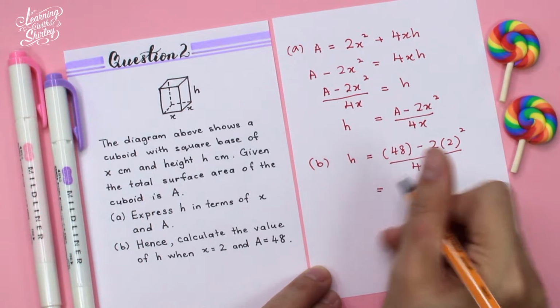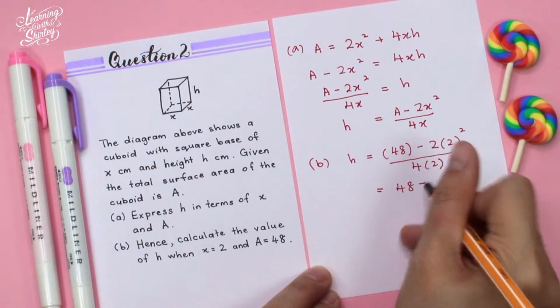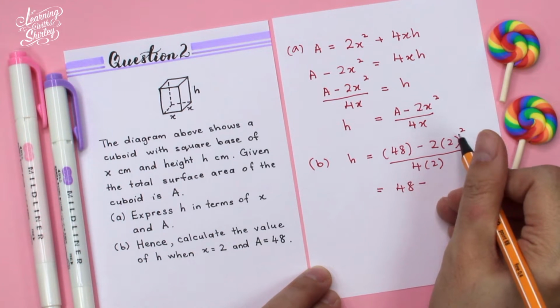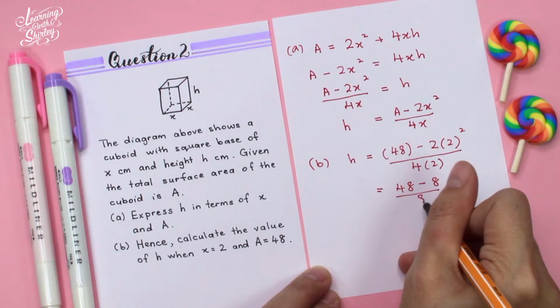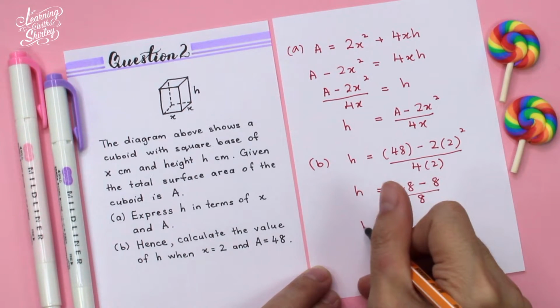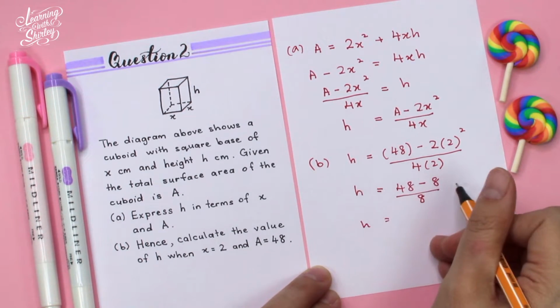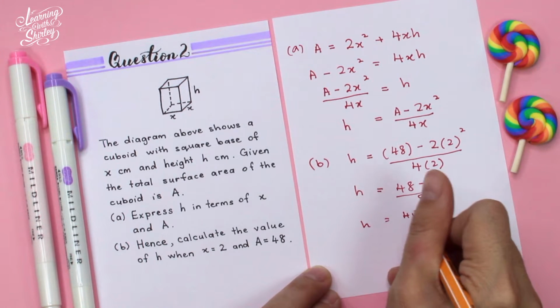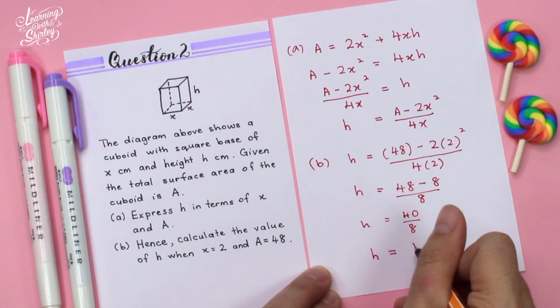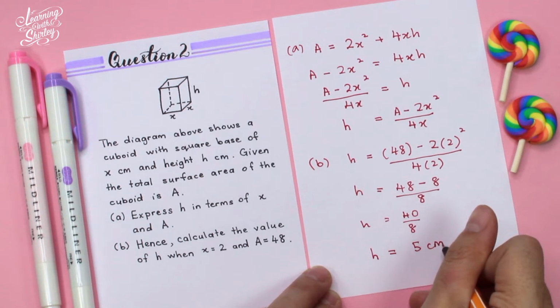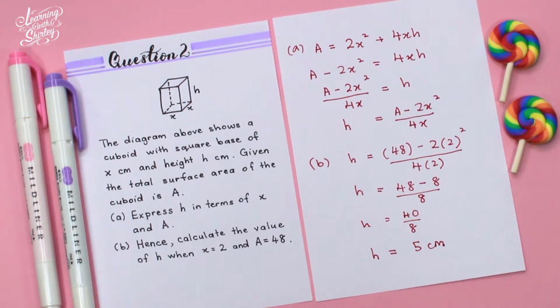So 48 minus, 2 squared is 4, 4 times 2 is 8, and over 4 times 2 is 8. So h is equal to 48 minus 8 is 40, and then over 8. So therefore h is equal to 5 cm, and that's the answer.